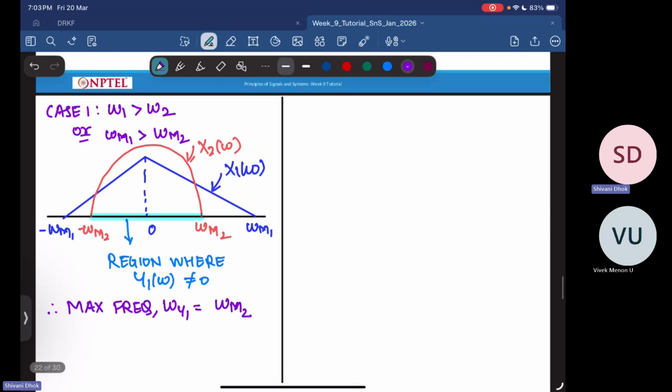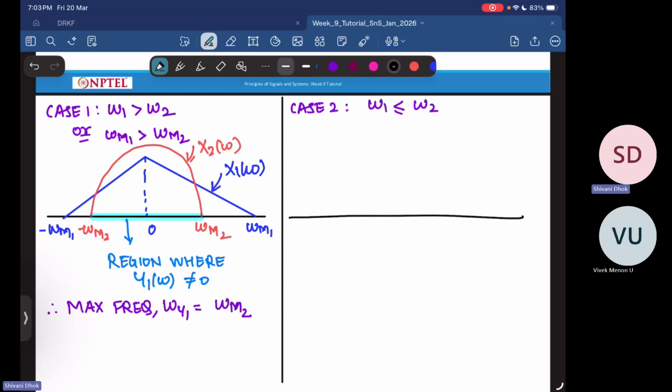Now you can have another case, case 2, in which omega 2 is greater, that is omega 1 is less than or equal to omega 2, which also translates to omega m1 less than or equal to omega m2. So now you have omega m1 something like this. This is your x1 of omega, with omega m1 and minus omega m1.